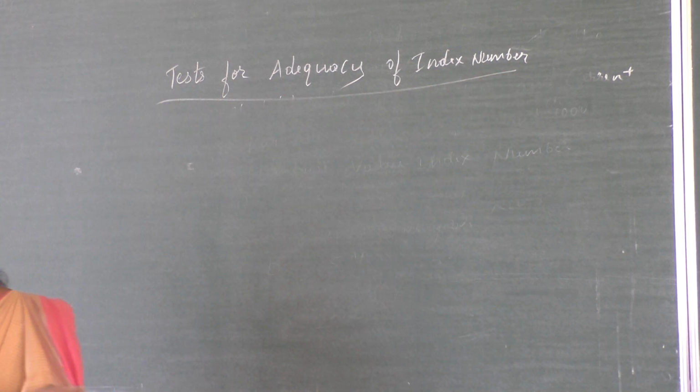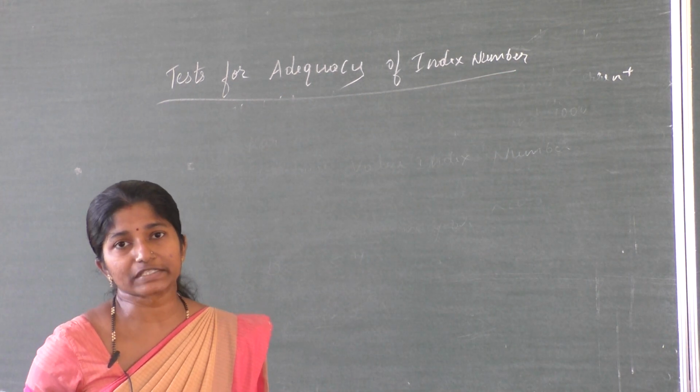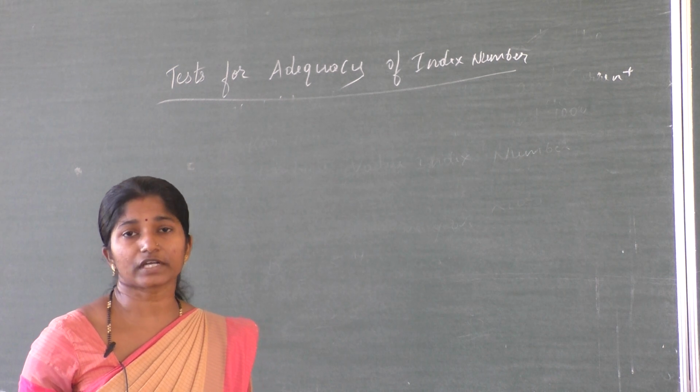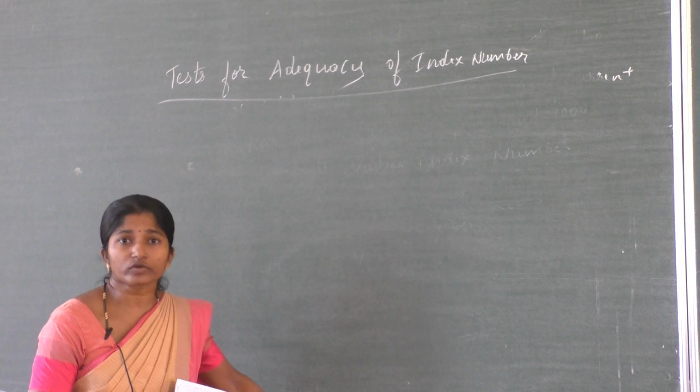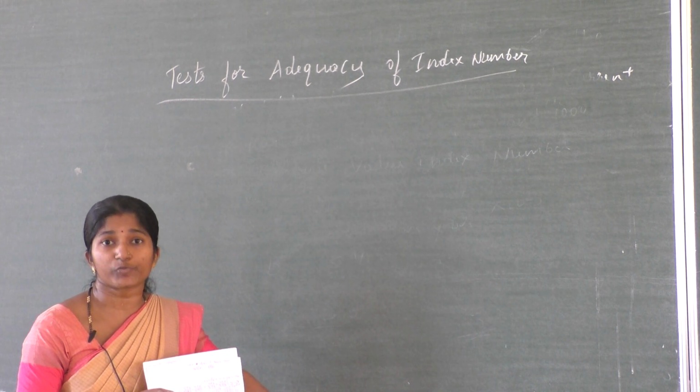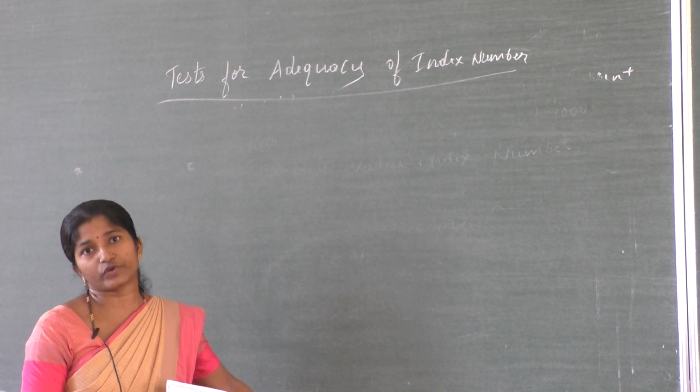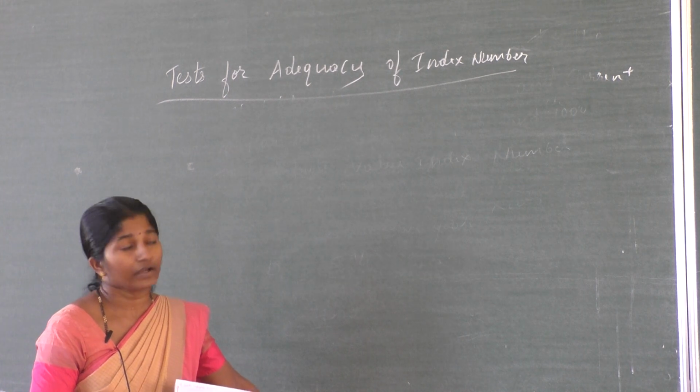Now we are testing. Say we have so many formulas in the index number, in the construction of an index number. Among them, which one is the most appropriate in the given situation, we have to select.